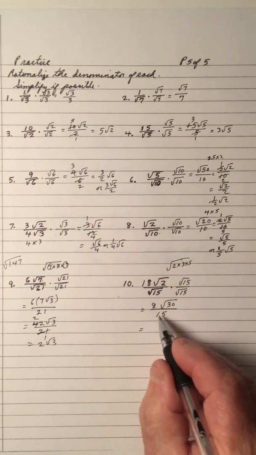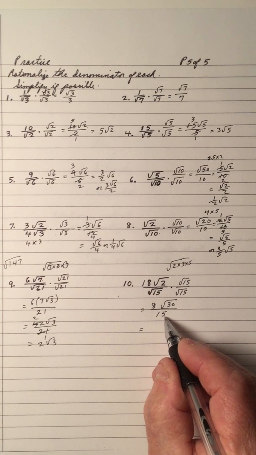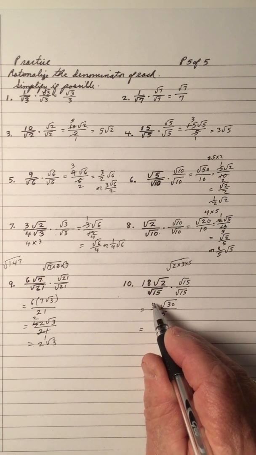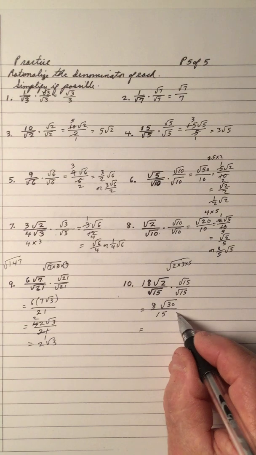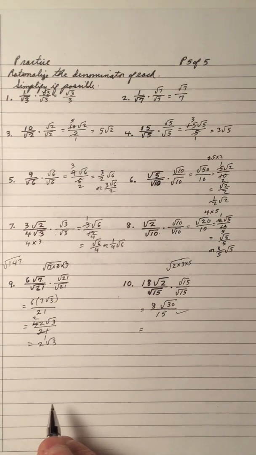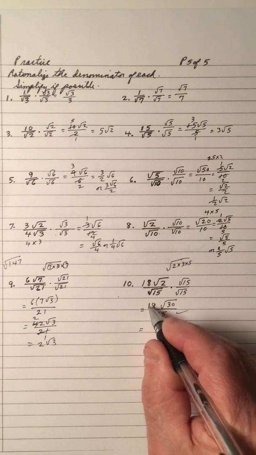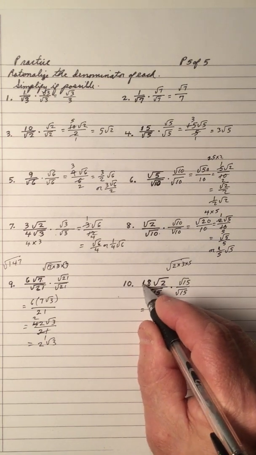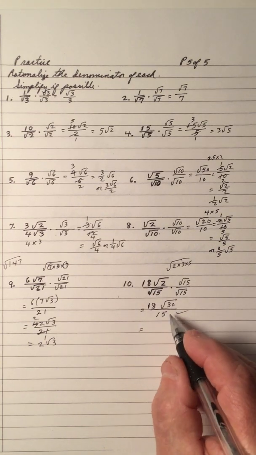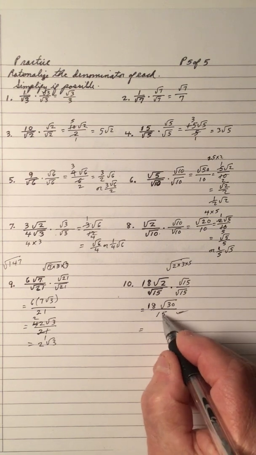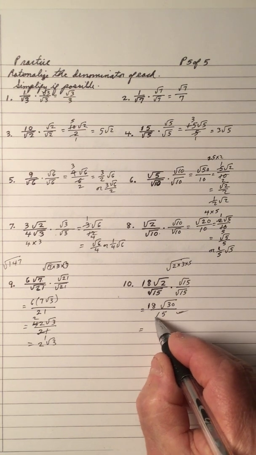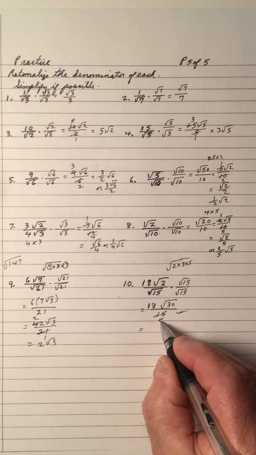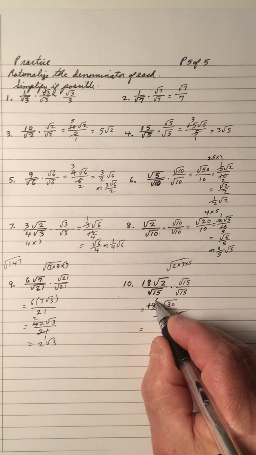And 15 has 3 and 5. 8 has 2s and 4s. So that's as far as it can go. 8 root 30 over, oh, that's an 18. Look at the mistake. I wrote that's an 18 there and I omitted the 1. Now we can, because that's an 18, 3 into 15 goes 5. 3 into 18 goes 6.